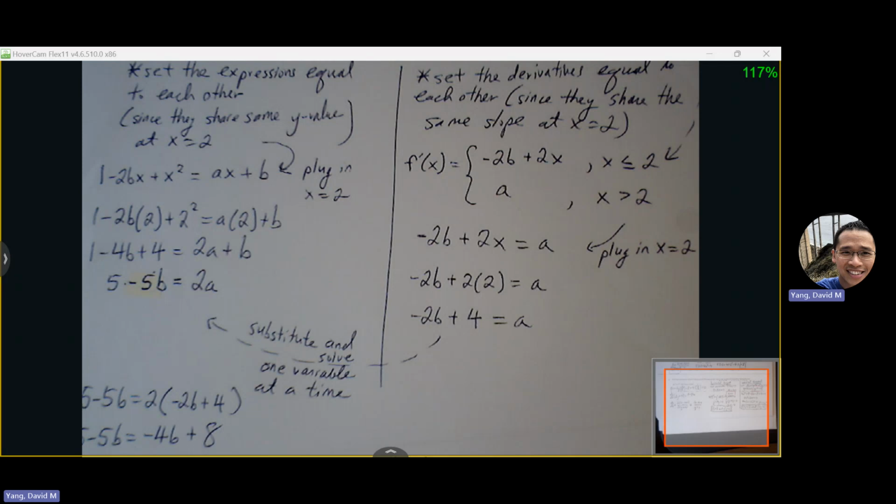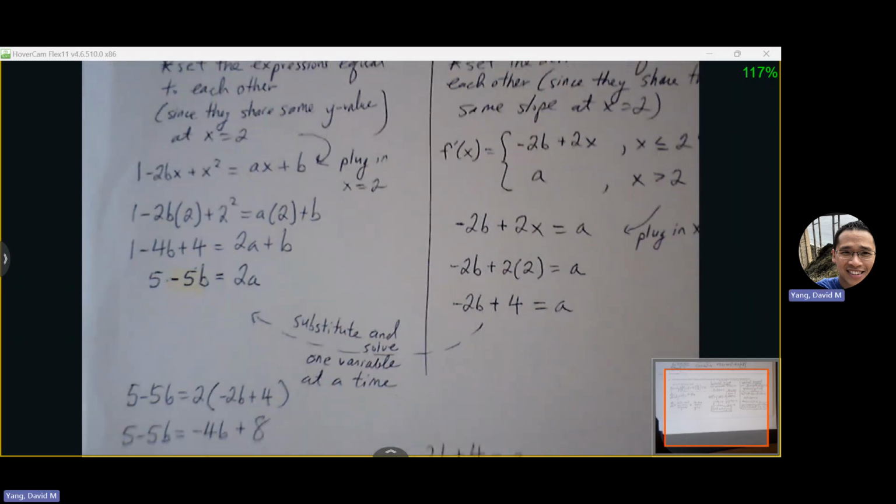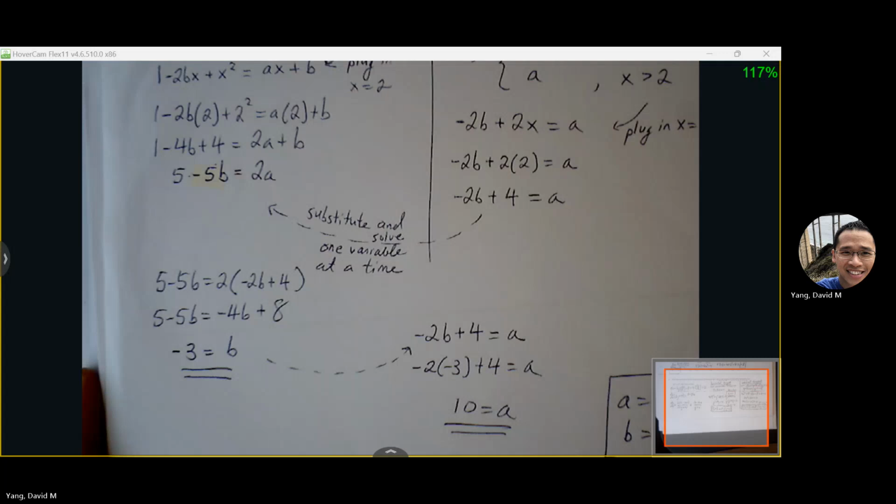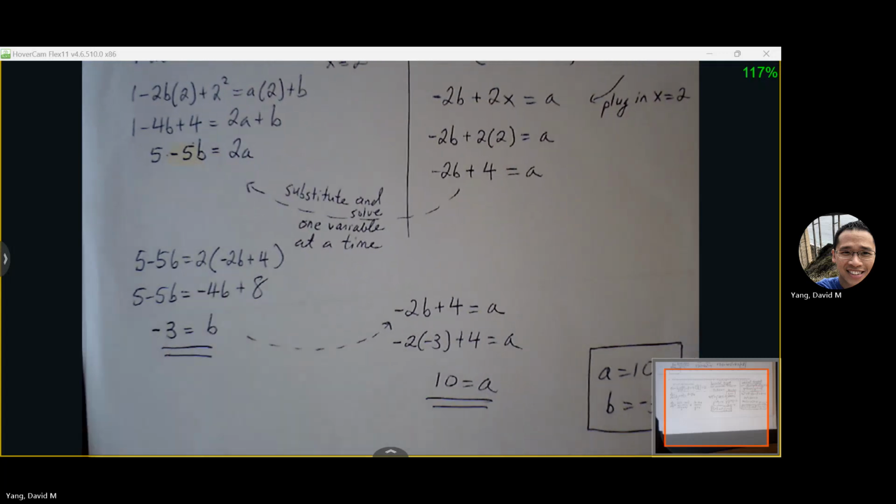Doesn't quite allow me to solve. I'm not able to solve for a cleanly just yet, but I can make a substitution, right? A equals negative 2b plus 4, so I can just plug this into my first equation. Substitute one variable in for the other. If I'm deciding which variable to solve for, I'm always going to go down the path of least resistance. So here, the a is the easiest one to get by itself. I don't deal with any fractions.